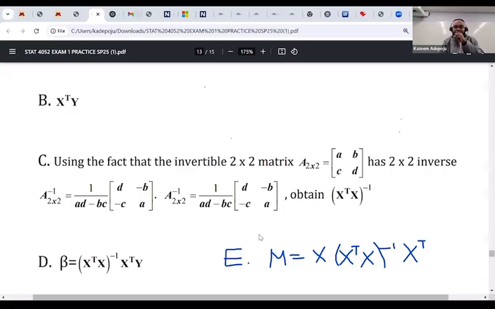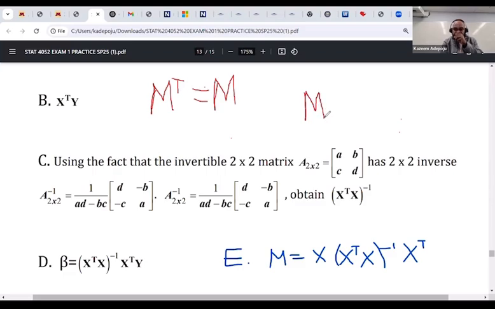And what if I also ask you to show that M transpose is the same thing as M using the data set? When the transpose of a matrix is equal to itself, there's a name we call that.